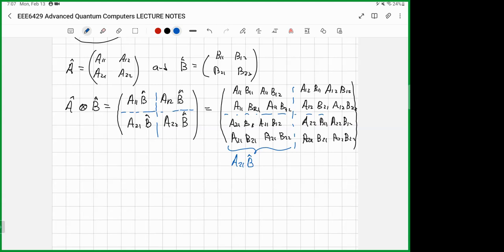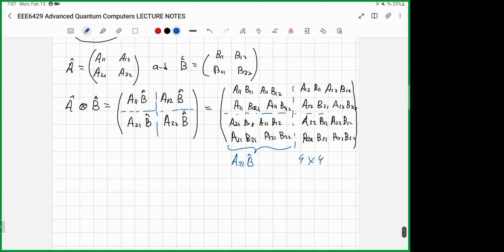And the result is a 4 by 4 matrix, as we could expect, because in the space of 4 dimensions, the matrices are all supposed to be 4 by 4.